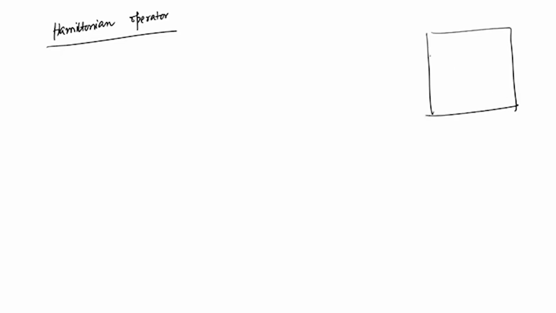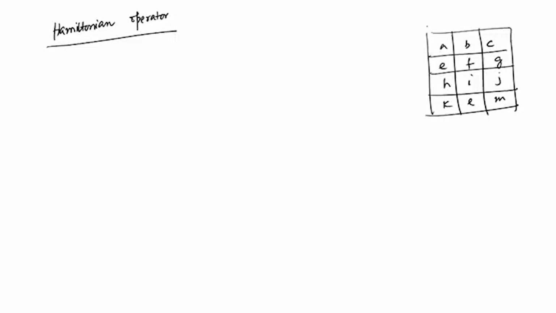Like if I give you, for example, some data here in the x and y axis, some letters are written there, say A, B, C, E, F, G, H, I, J, K, L, M. Okay, so, it is a 3 by 3, and we have written down some letters, and these letters do not mean anything to you if we do not say what is recorded in the x axis and what is recorded in the y axis.